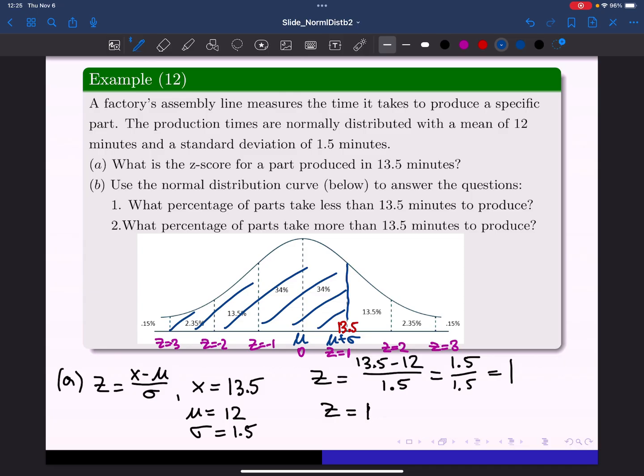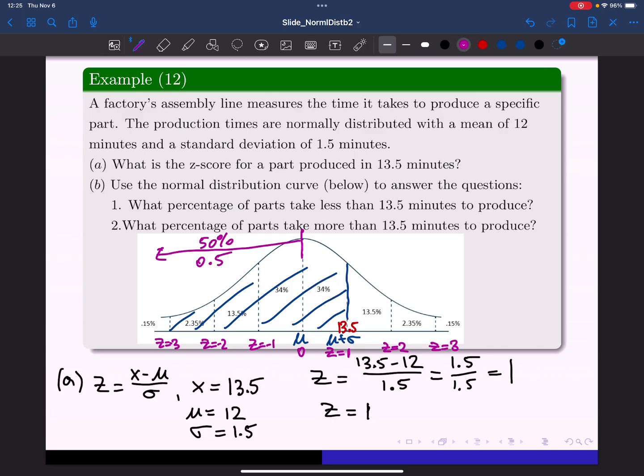We know that the area to the left is nothing else but 50%, or 0.5. Now we need to add this little part, and it says that this part is 34%.